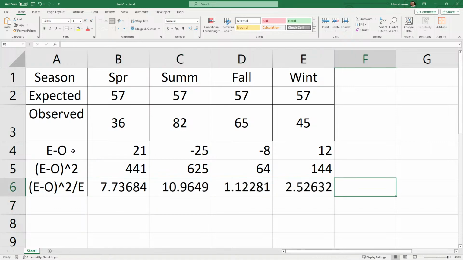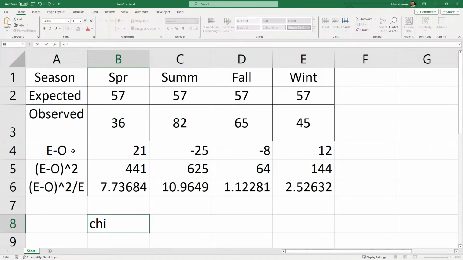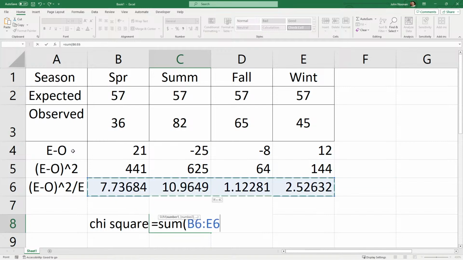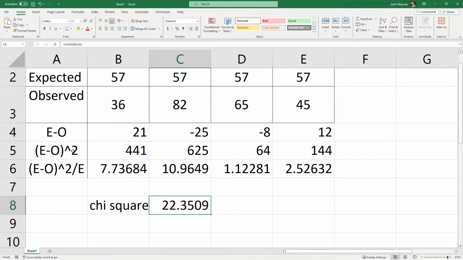Then you just need to add these up. I'll do it down here, chi square. The actual number is equal to the sum of all of this. There it is. So it is possible to do this in Excel. There's my actual chi-squared number, 22.35.